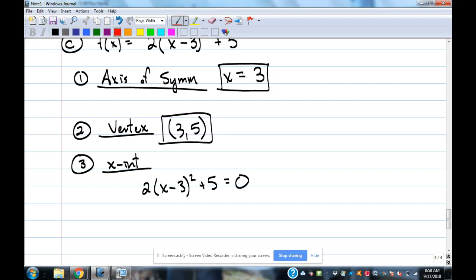Solve it. This one is a great candidate for solving by square roots because I can get the squared part by itself. There were a few problems on your test Friday that were quick to solve by square roots. If you did it by quadratic formula, it took a while. But if you did it by square roots, it was fast. So I would subtract 5.